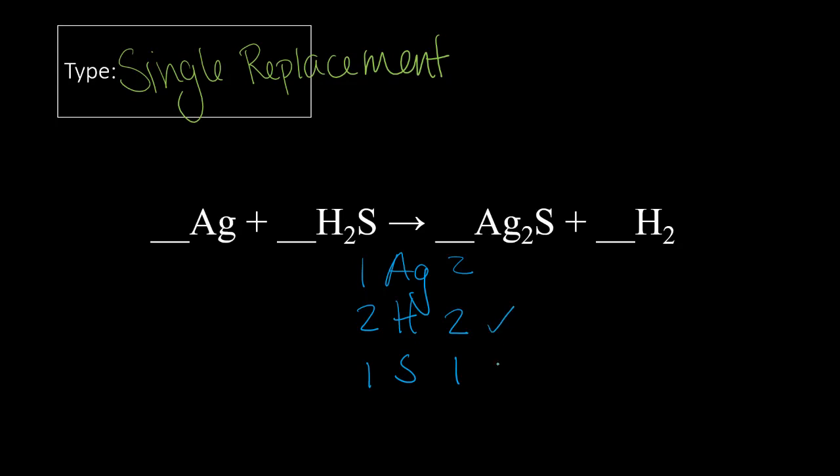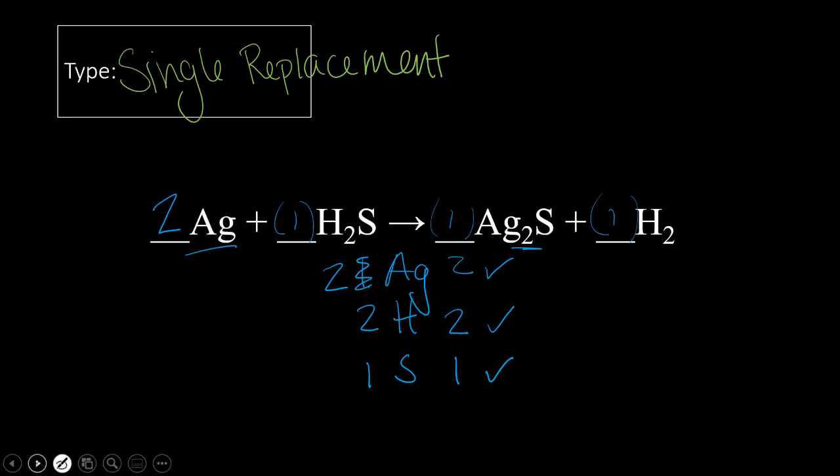The only thing that's not balanced right now is silver. So that's a pretty easy fix. I have 2 on the right and only 1 on the left. Well, I can put a 2 here to match the 2 on the right, and then I'm good to go. Remember, you can put your 1s here if you really want, but they're not necessary. You can just leave those blank. Moving on.